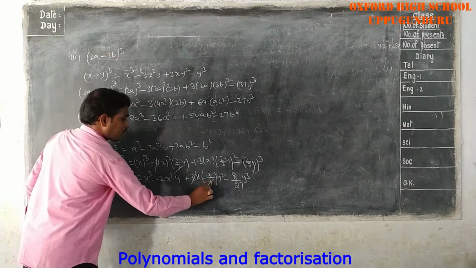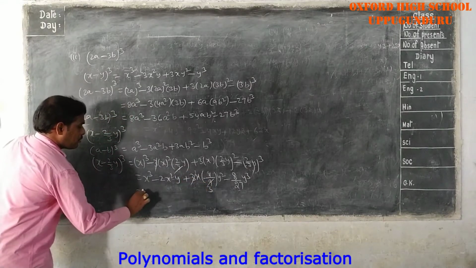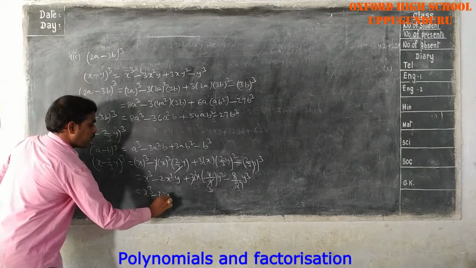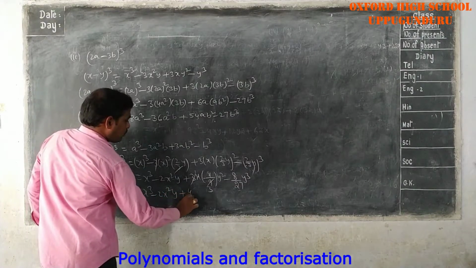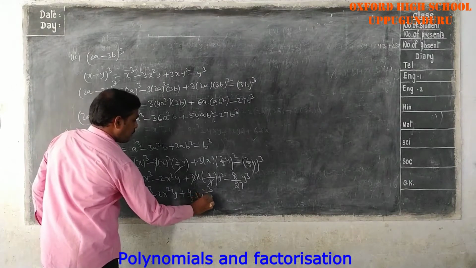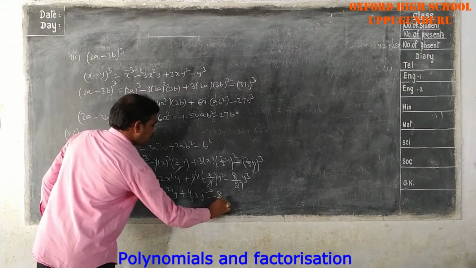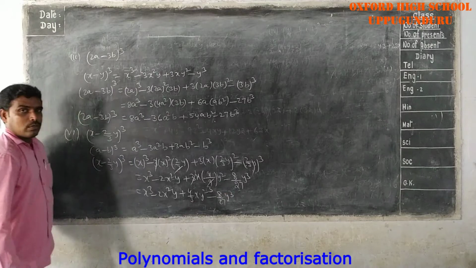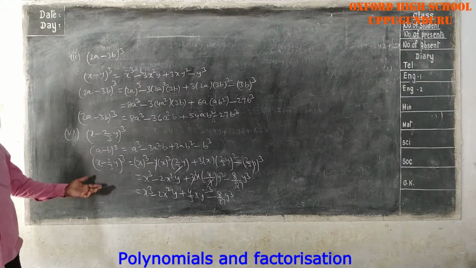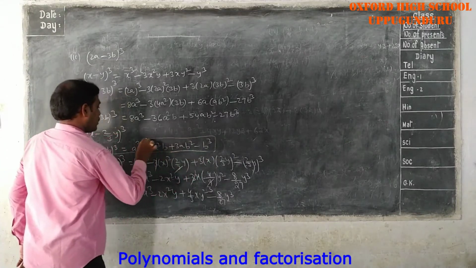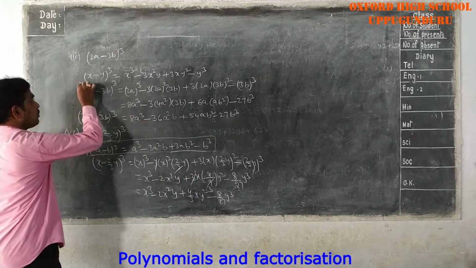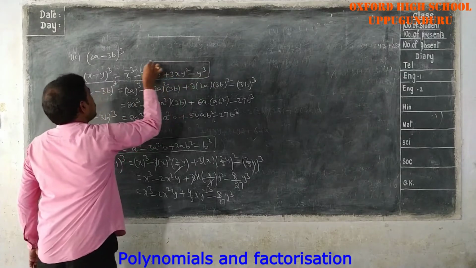Here this 3 and 3 gets cancelled. So x cube minus 2x square y plus 4 by 3 xy square minus 8 by 27 y cube. So in this way you can expand this by using the a minus b whole cube identity. So using this identity you can expand this. Here also this is the identity you have.